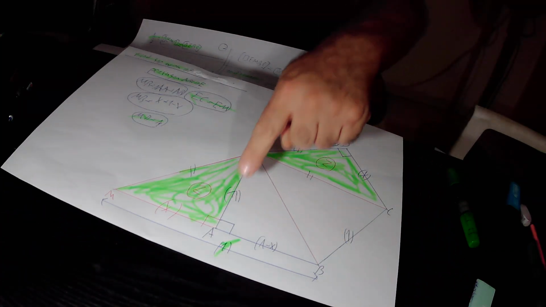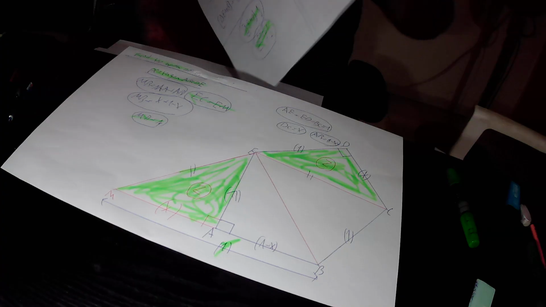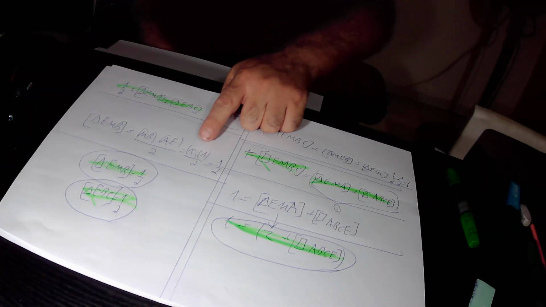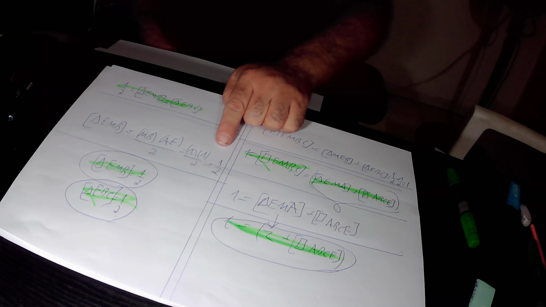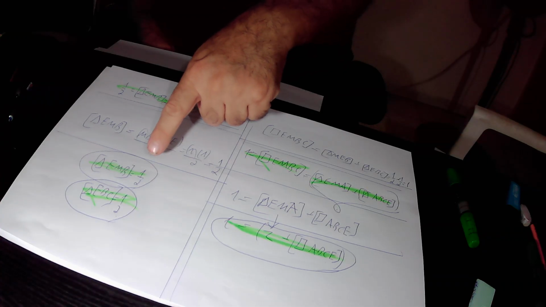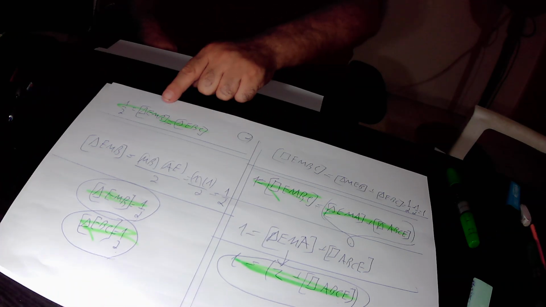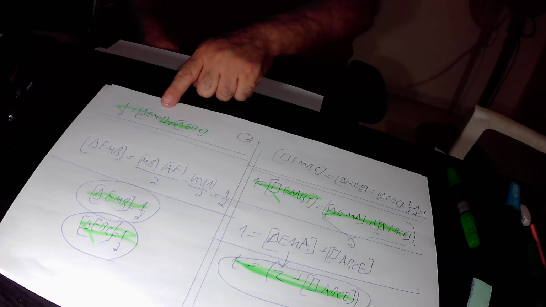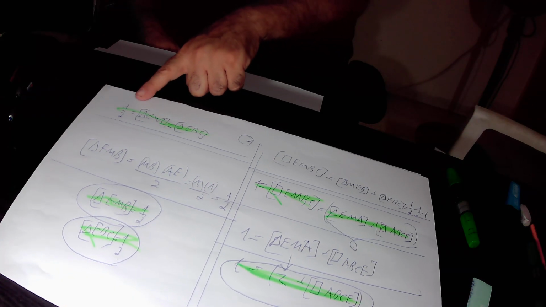MB is 1, AE is also 1, divided by 2. 1 times 1 is 1, so in total the area of triangle EMB is equal to 1/2 square units in size.